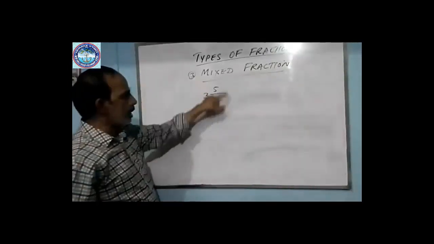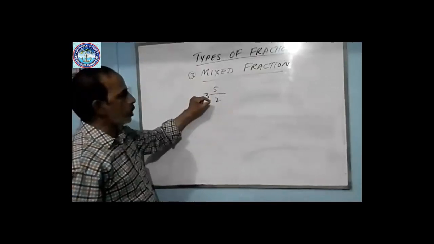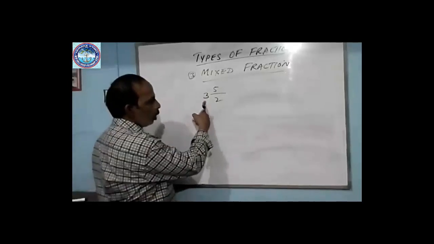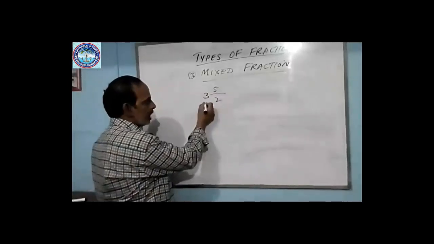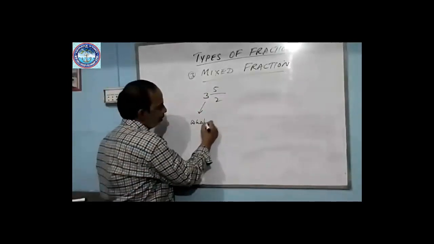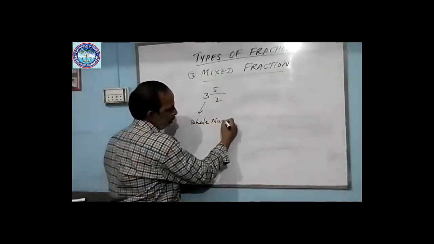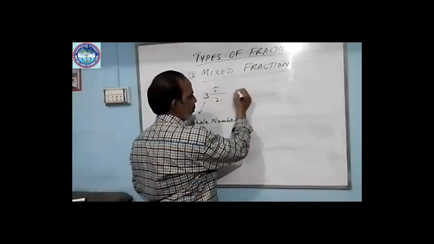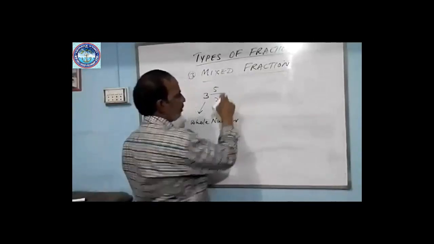When the fraction is in this form, such a fraction is called a mixed fraction. We can read it as 3 whole 5 upon 2. So this is a whole number and this 5 upon 2 is a fraction.